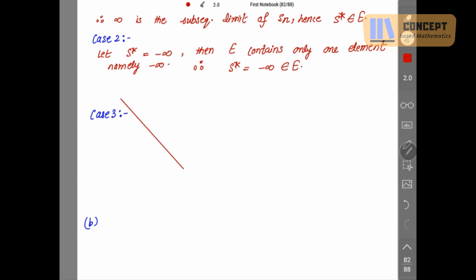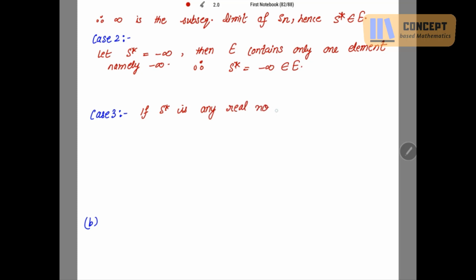Now the third case arises. In the first case, we took S star to be plus infinity. In the second case, we have taken S star to be equal to minus infinity. Now let's take S star to be equal to any real number, right? So if S star is any real number, now what can you say about E?